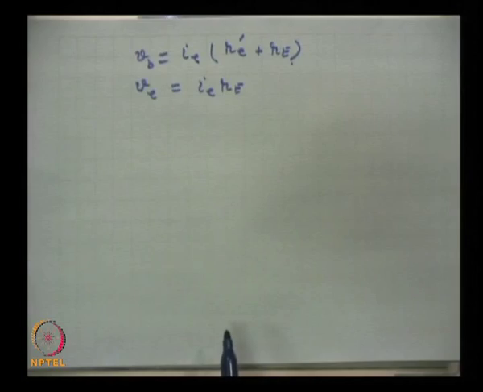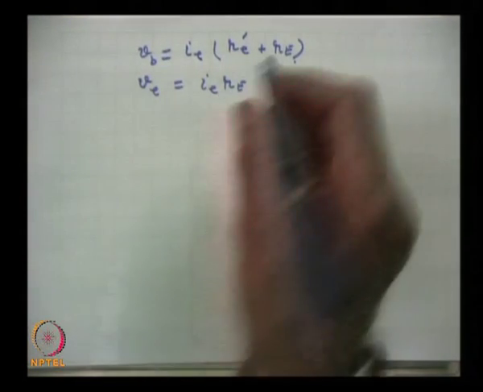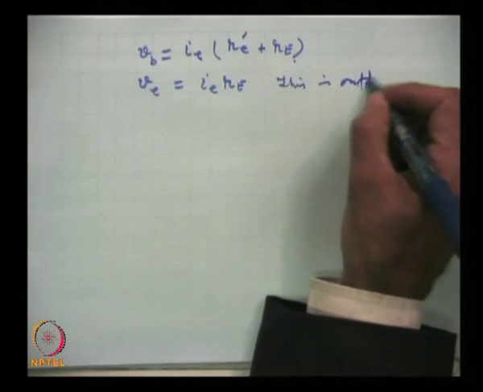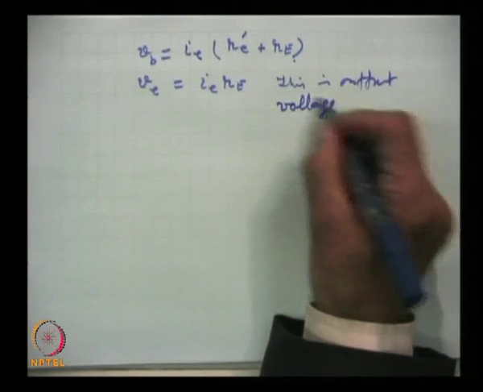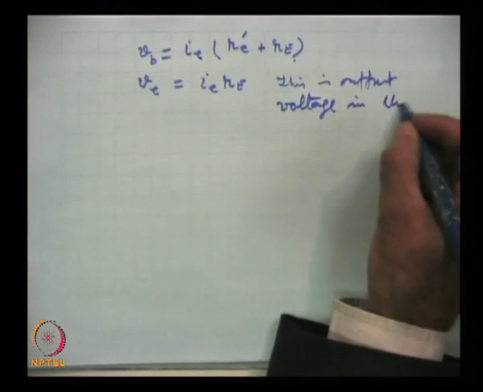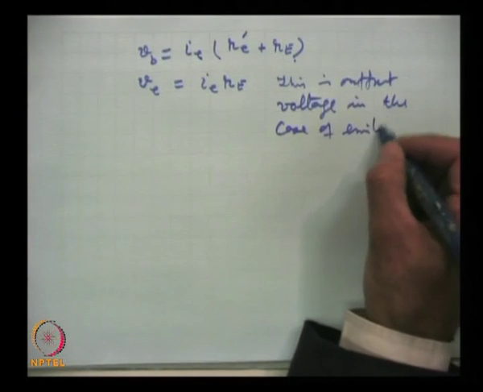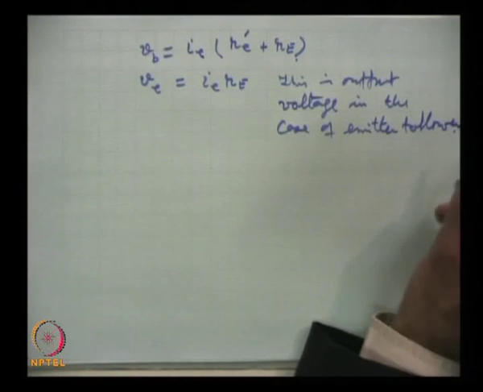Therefore, V E is now the output voltage in the case of the emitter follower, which is under discussion at the moment.